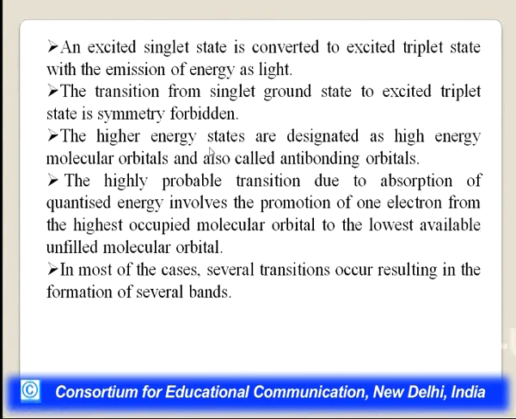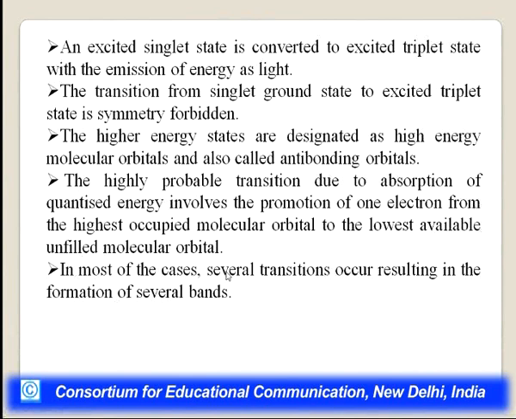The higher energy states are designated as high energy molecular orbitals, also called anti-bonding orbitals. The highly probable transition due to absorption of quantized energy involves the promotion of an electron from the highest occupied molecular orbital, or HOMO, to the lowest available unfilled molecular orbital, LUMO.